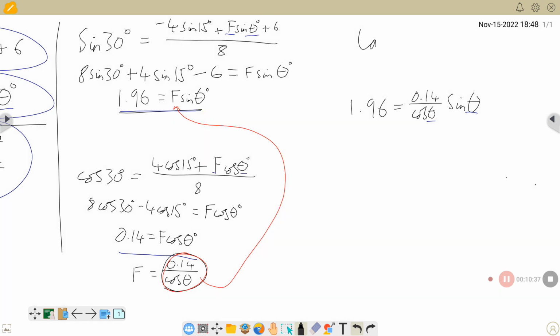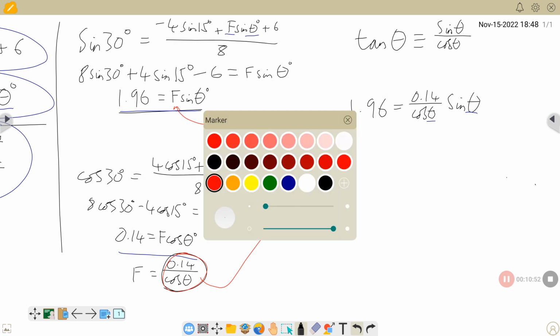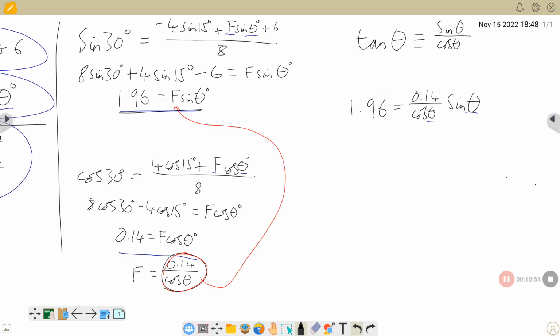We could use what I believe is called the quotient identity, where we understand that the tangent of theta is equivalent to sine of theta over cos of theta. So we can take this and just equate it to tan of theta.